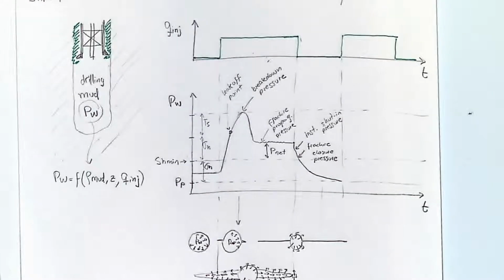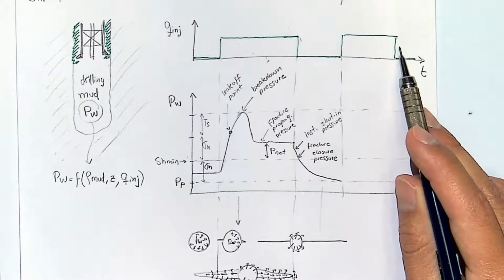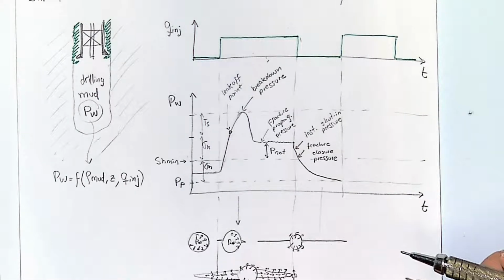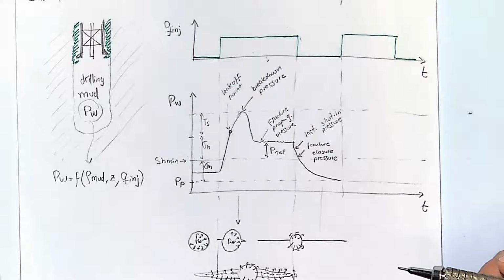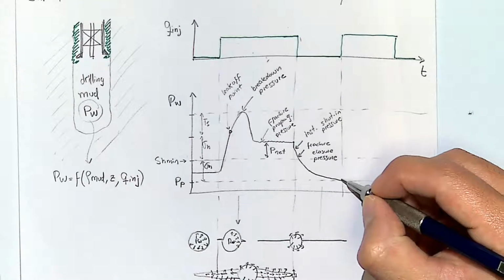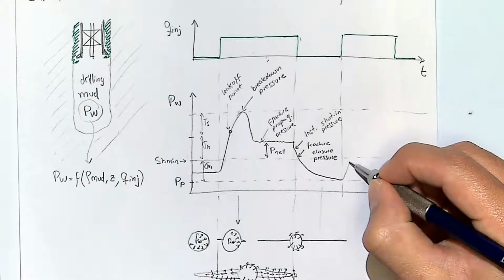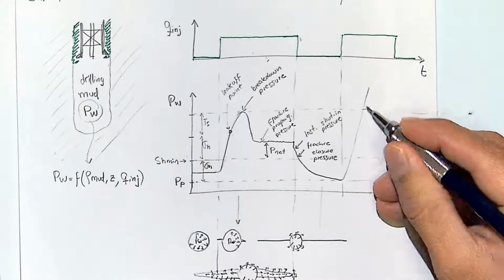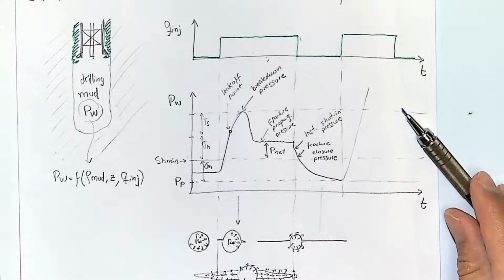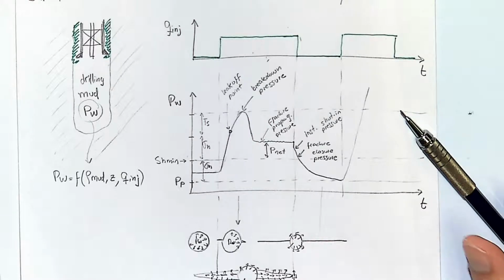So now you're going to inject drilling mud again. How far is the pressure going to go? Let me just draw a line here, but definitely it's not going to go higher than the previous peak, right? Because we said that it wouldn't go higher like this.